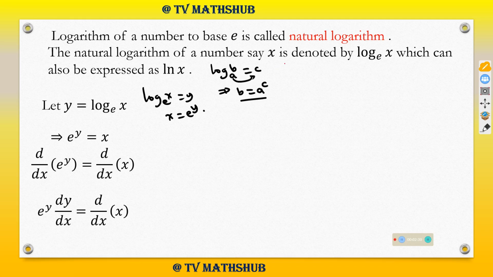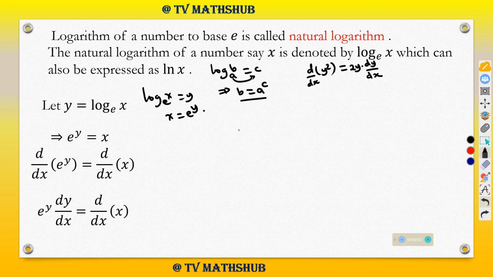But recall that if you are differentiating, for example, y squared with respect to x, you differentiate normally, that is 2y, but you must show that you have differentiated with respect to x. That is the same technique we shall use here.